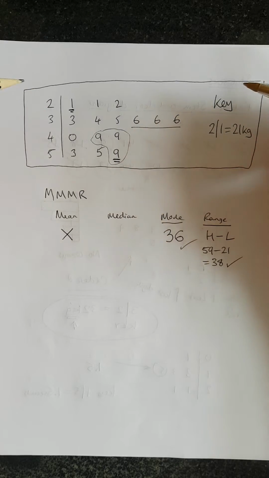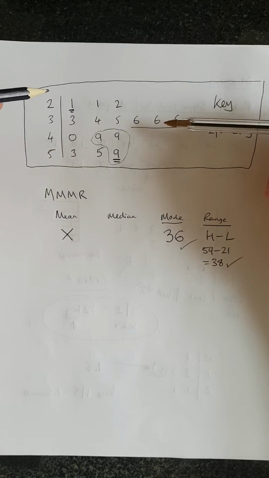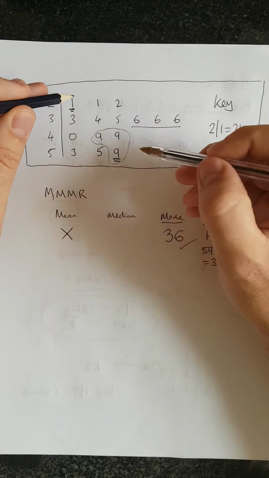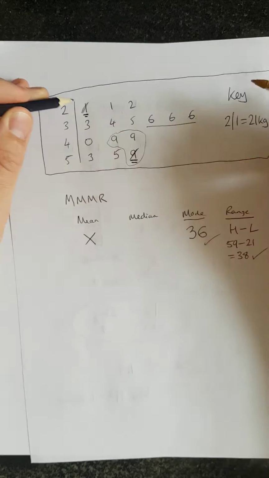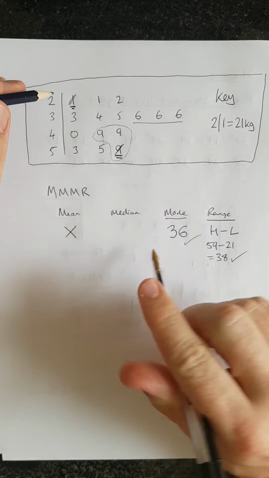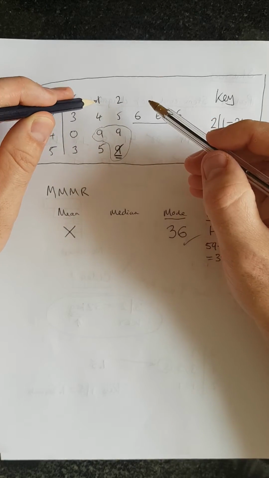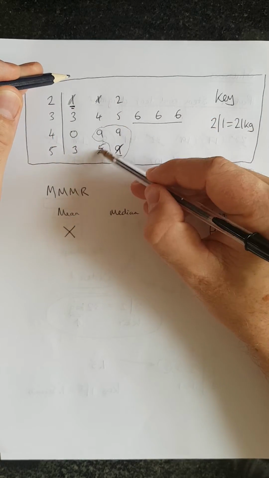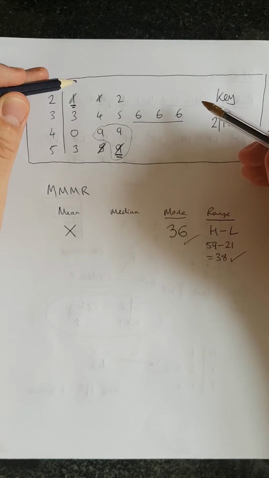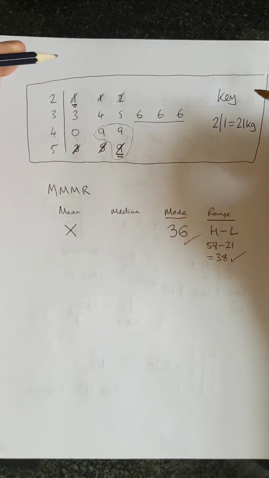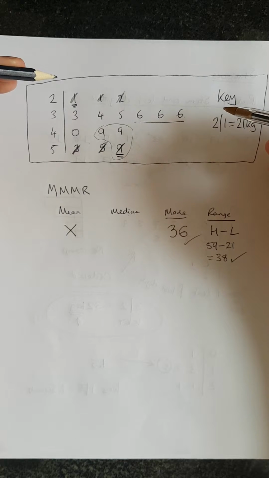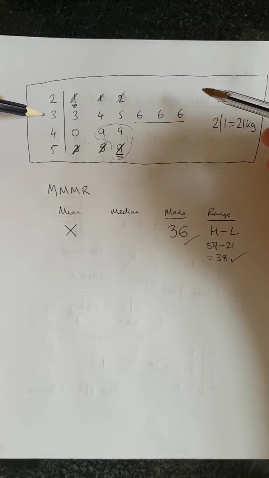So, here we go. The numbers are all in order. So, if I say it's not going to be the lowest one, it's also not going to be the highest one that's in the middle. It's not going to be the next lowest one, and it's not going to be the next highest one. It's not going to be the next one or the next one. Now be careful when you change lines.